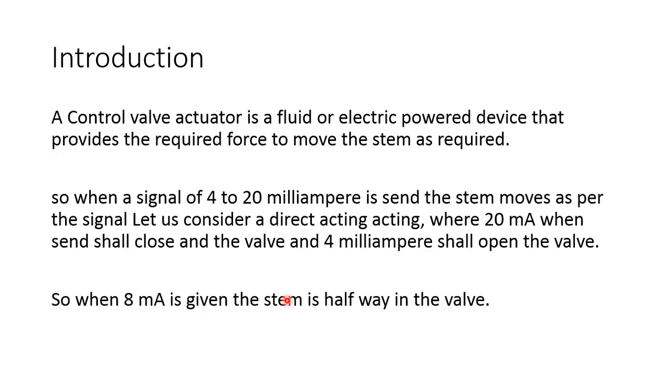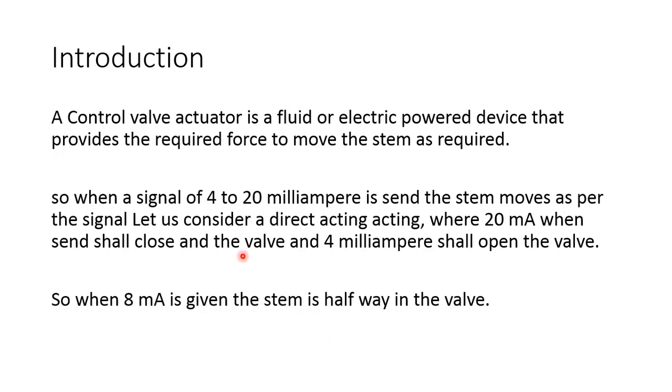A control valve actuator is either a fluid or electric powered device that provides the required force to move the stem in the up or down direction. There could be a situation that it could be rotary movement also, but what we are discussing here is mostly linear control valve.